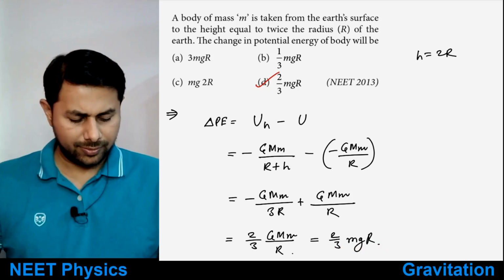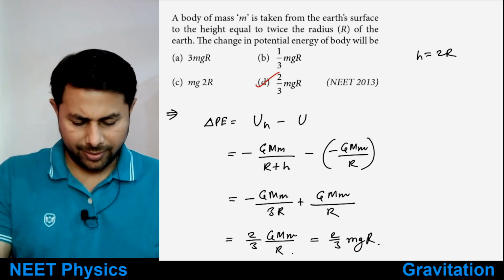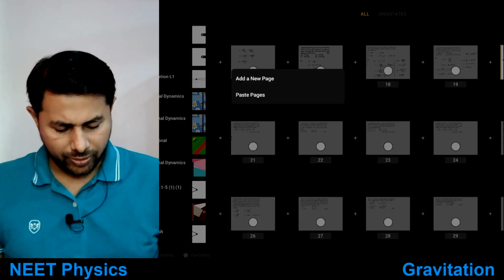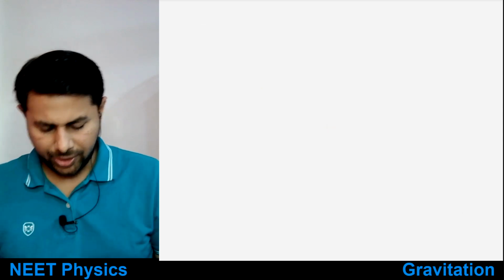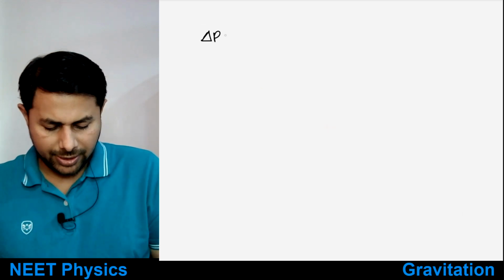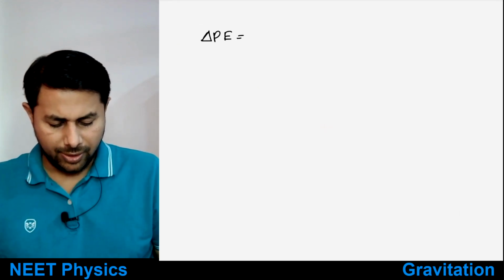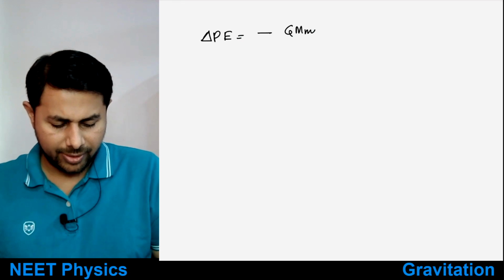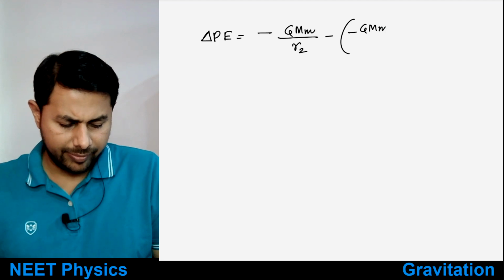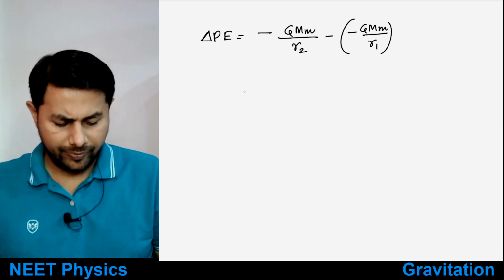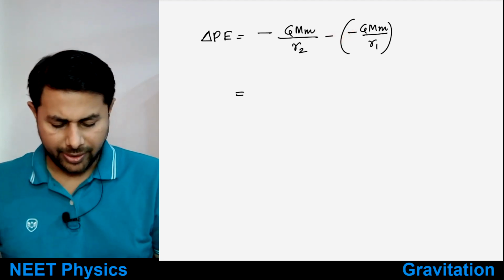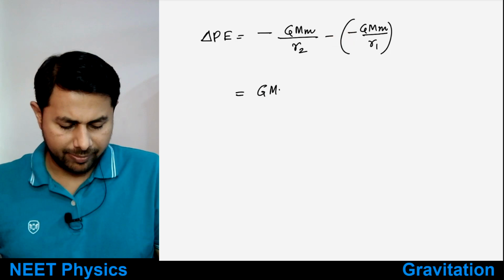Okay, so then see, suppose you move a body from some position r1 to position r2. What is the change in potential energy? The change in potential energy is equal to minus GMm divided by r2 minus (minus GMm divided by r1). So this minus minus becomes plus, and then you can take GMm common.